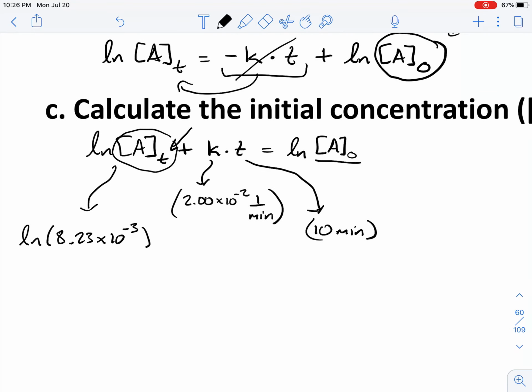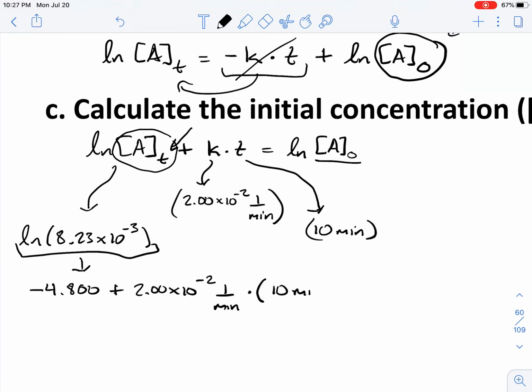And so if I were to put all of these pieces together, I have the natural log of 8.23 times 10 to the negative 3, and we actually already calculated that. So this whole thing is simply going to be negative 4.800 plus 2.00 times 10 to the negative 2, 1 per minute, times 10 minutes. That's going to equal the natural log of the concentration of A at time 0, so initial concentration.